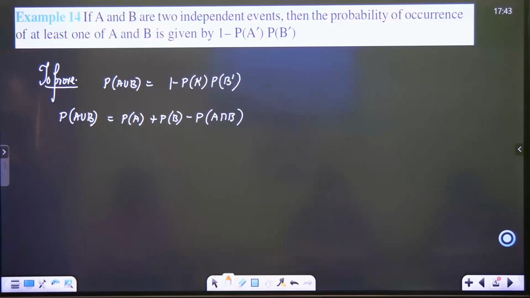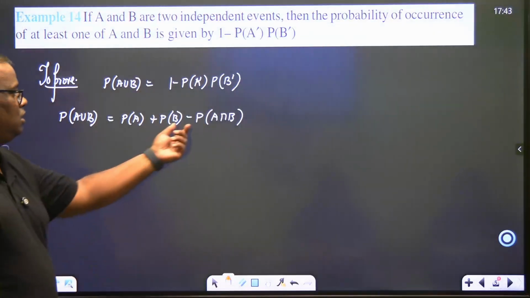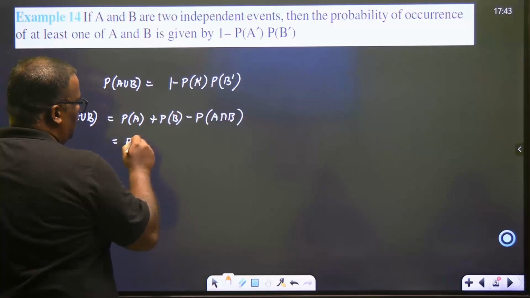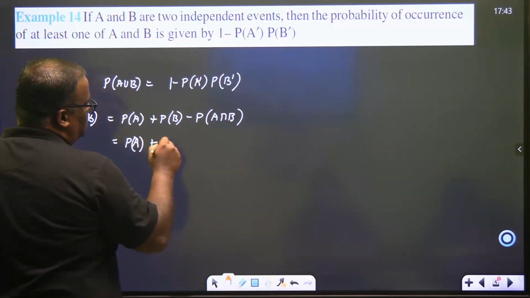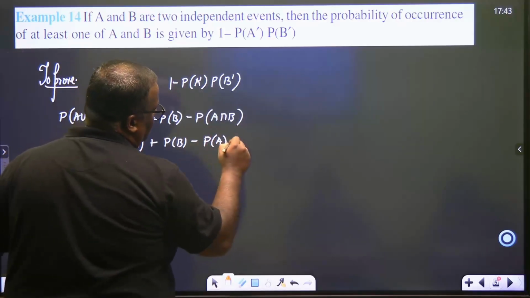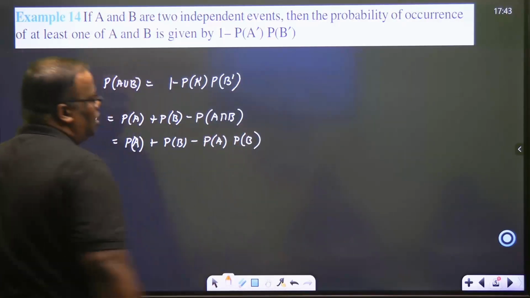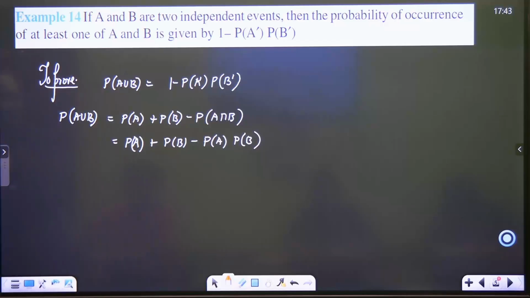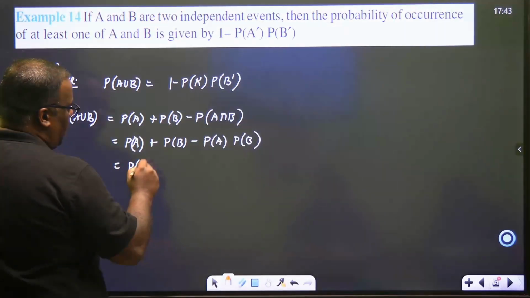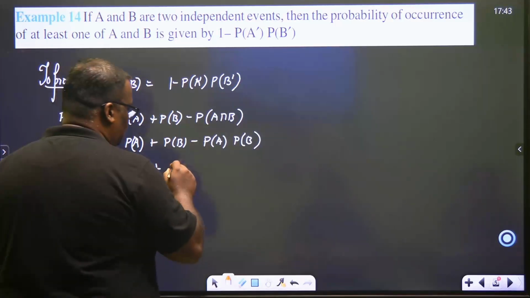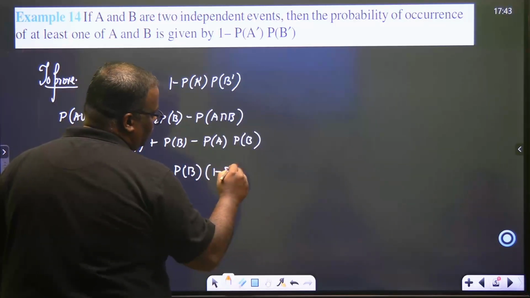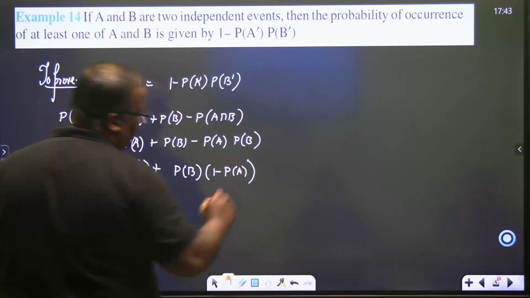And you have been given that A and B are independent events. Can we open this up? Let's open it. P of A plus P of B minus P of A into P of B. Okay. P of A plus, now take P of B common, then it becomes 1 minus P of A. Have you understood this?